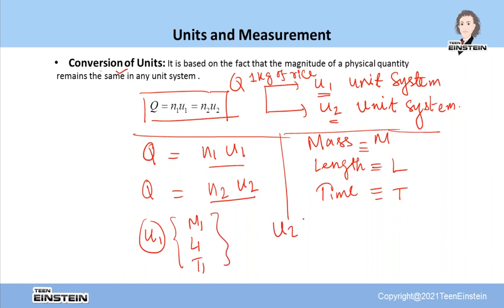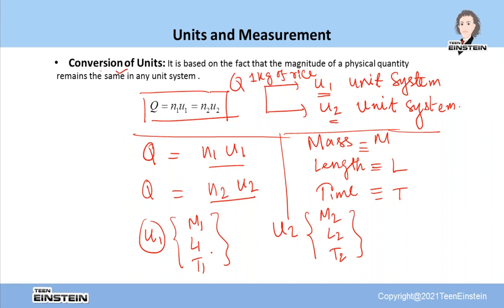Similarly, I can take in unit system 2, the corresponding quantities M2, L2, and T2. These are the corresponding quantities. Now see, as I said, these physical quantities, whatever unit system it may be, it will be the same.